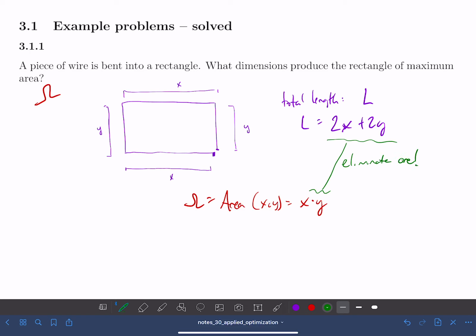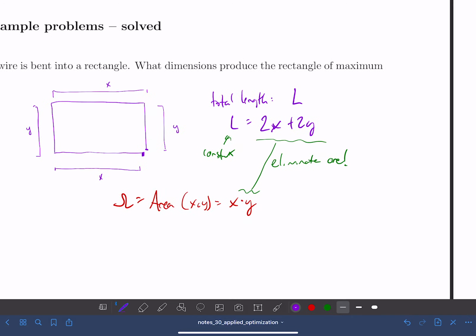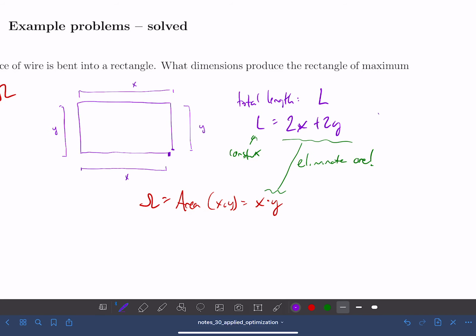And you might be like, oh, but then I get L. And it's like, okay, but that's fine because L is constant. And we're just looking at what the dimensions are. The solution of this problem is very cool. It's kind of prototypical. So let's solve for y.